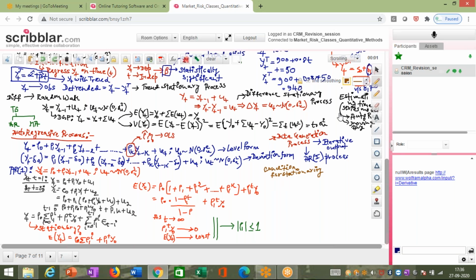So, the condition for stationarity of an AR1 model. Now this model states that the first condition for stationarity of this AR1 model is that the mod of rho 1 must be less than or equal to 1.